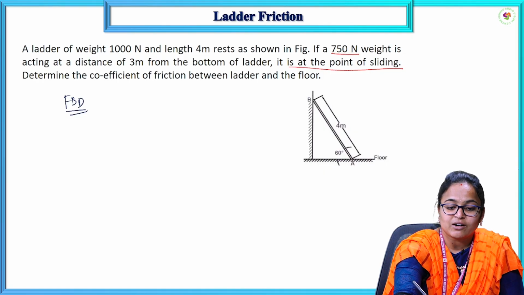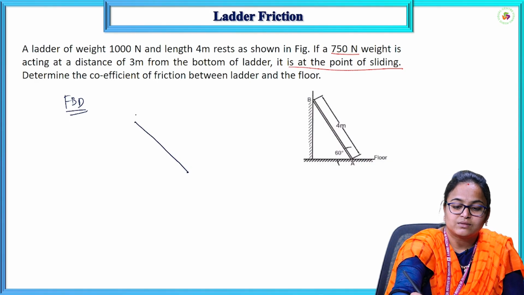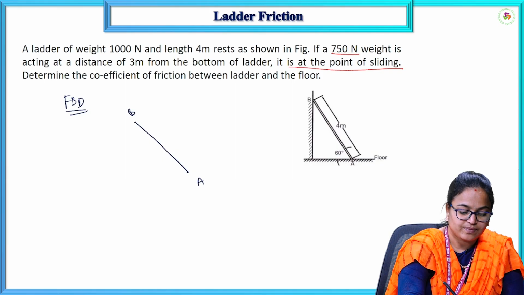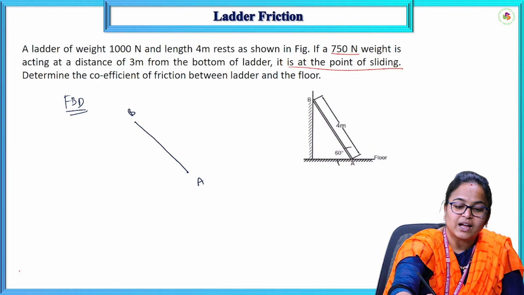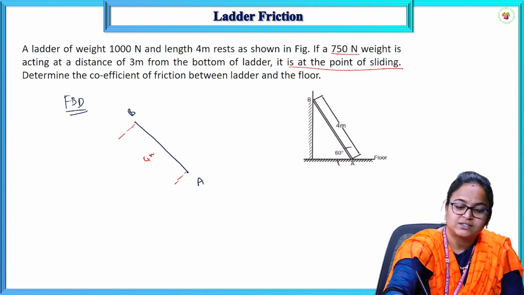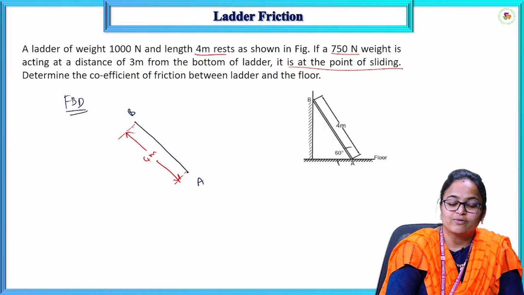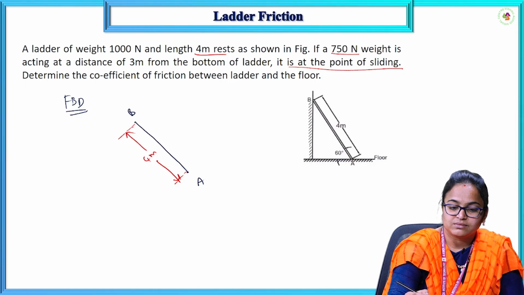Now, first we'll draw the free body diagram of the ladder. So, this is the ladder. This is point A and this is point B. The length of the ladder is 4 meters, which is given in the question.